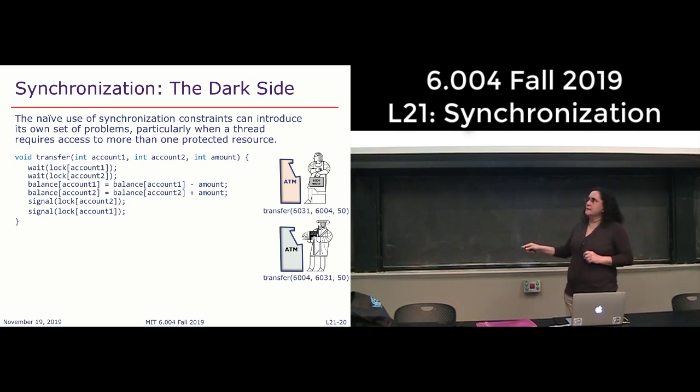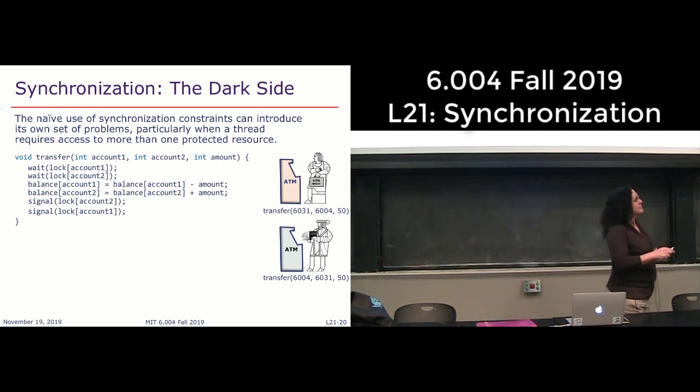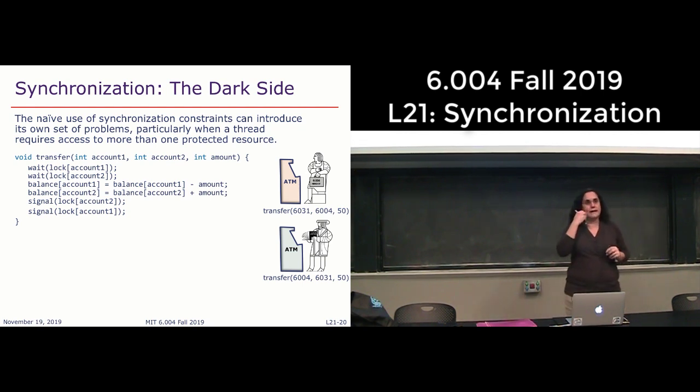Well, here in the middle, I have my code, which is going to basically look at the balance of account 1, subtract that amount from it and update it, and then look at the balance of account 2 and add to it the amount that was transferred, okay? So clearly I need to do these two things as a critical section. So I'm going to add semaphores to make sure that I can handle these things as a critical section.